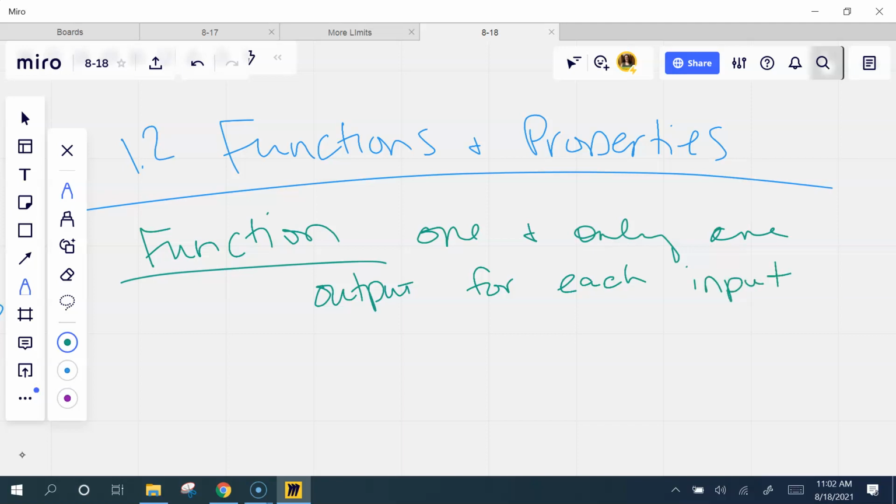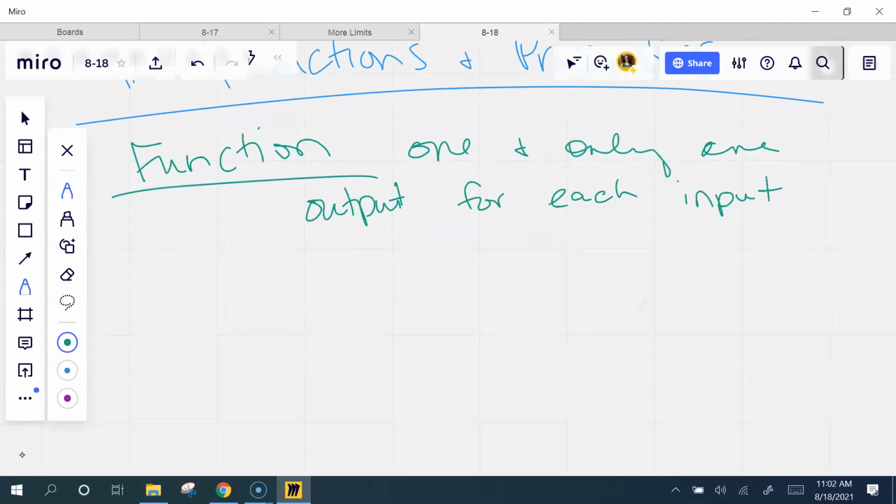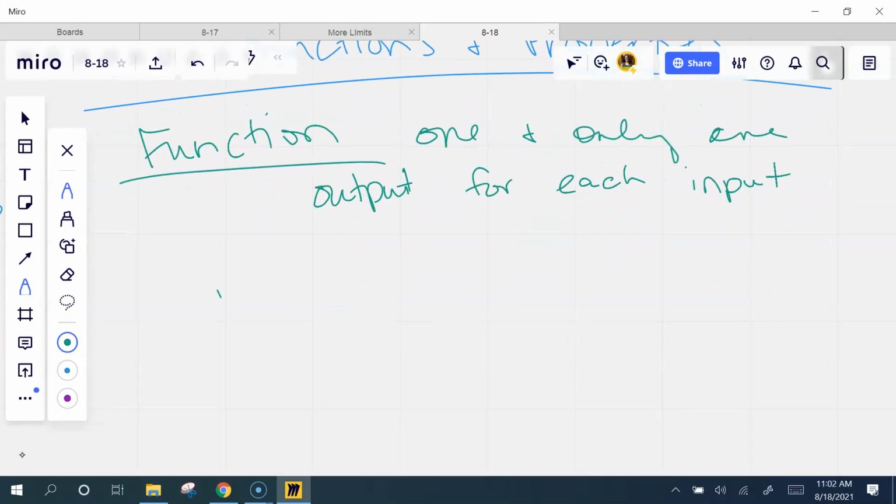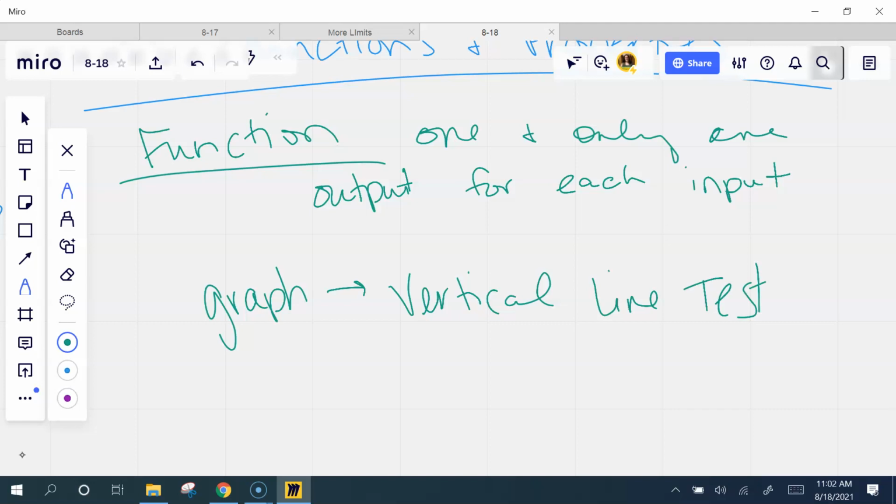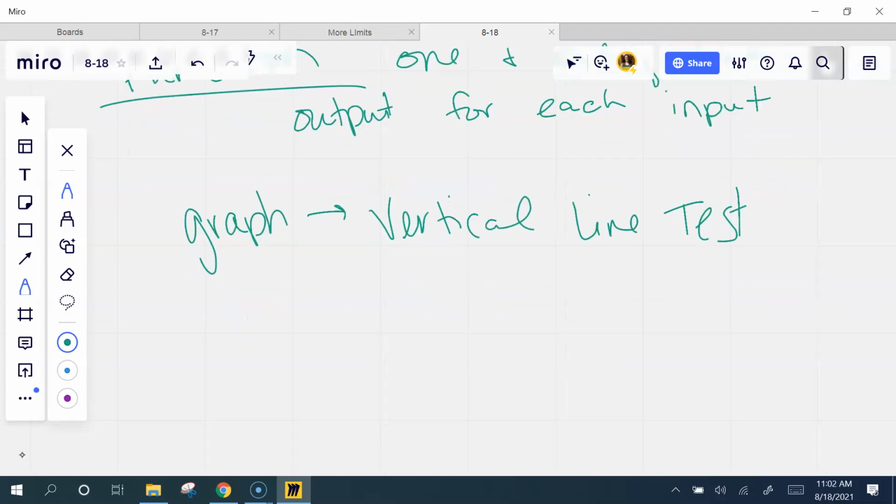Now, think about what that means graphically. You learned a way to look at the graph and tell if it was a function or not. What was that? Vertical line test. All right, the vertical line test tells us whether or not it is a function, because if it hits more than one time, it's not a function.